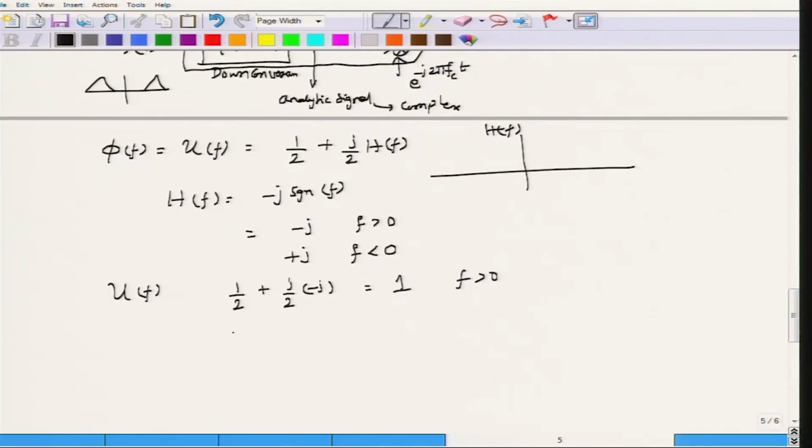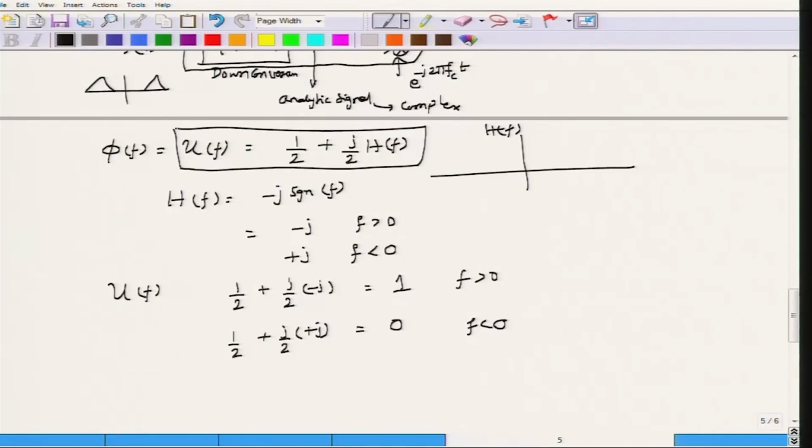Now for f negative, this would be half plus j by 2 times plus j, and j times j is minus 1. So 1 half minus 1 half is equal to 0. So I can write U(f) as 1 half plus j by 2 times H(f), so that when f is greater than 0 I get 1, and when f is less than 0 I get 0.